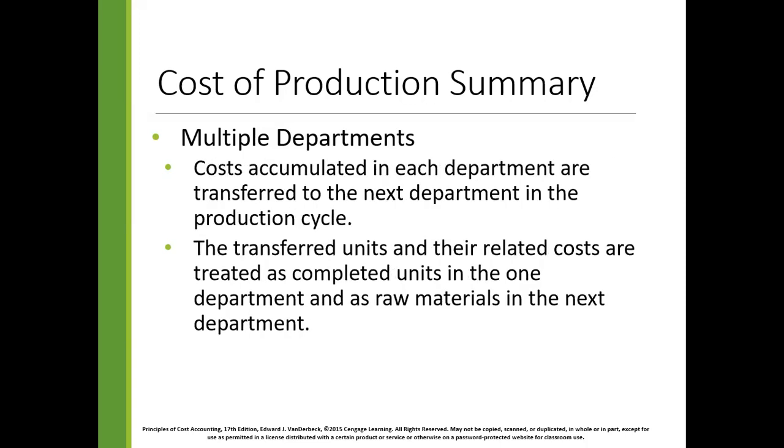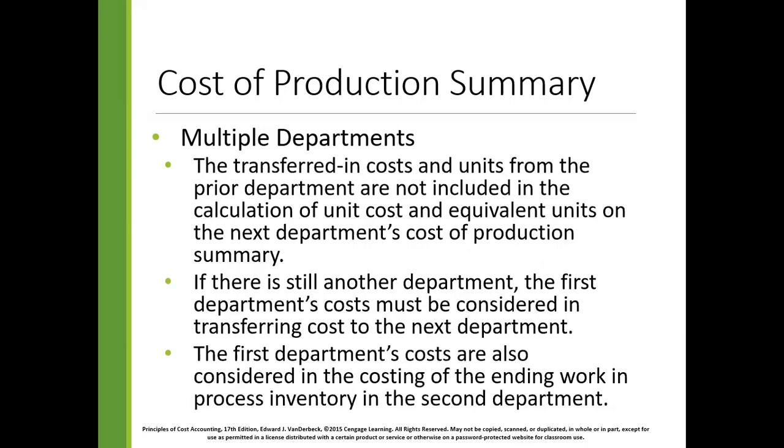Now, in multiple departments, costs accumulated in each department are transferred to the next department in the production cycle. The transferred units and the related costs are treated as completed units in the one department and as raw materials in the next department. Now, the transferred in costs and units from the prior department are not included in the calculation of unit cost and equivalent units on the next department's cost of production summary.